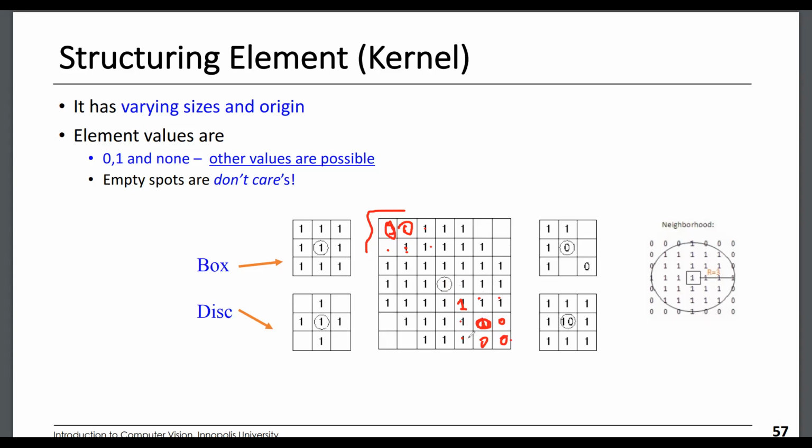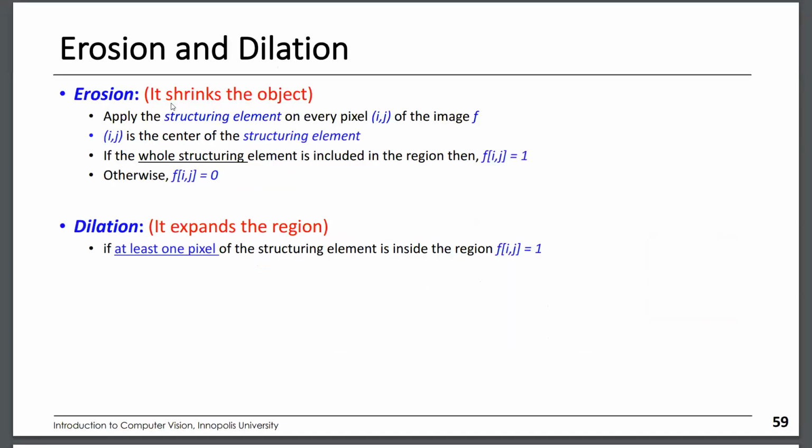So if you think of it logically, all of these pixels it's setting to 0. It's kind of removing this external layer of the object, and this is what shrinking does. So this is what erosion does. Erosion shrinks the object by removing some of its external elements.